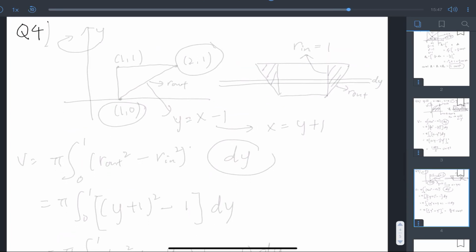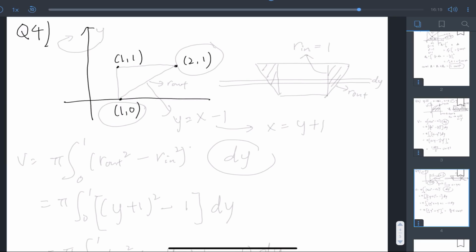Okay, now let's look at the last question. The last question also asks you to find the volume generated by revolving the area enclosed by a triangle with vertices. So the vertices are given for the triangle. We have point 1, 0, point 1, 1, and another point 2, 1.